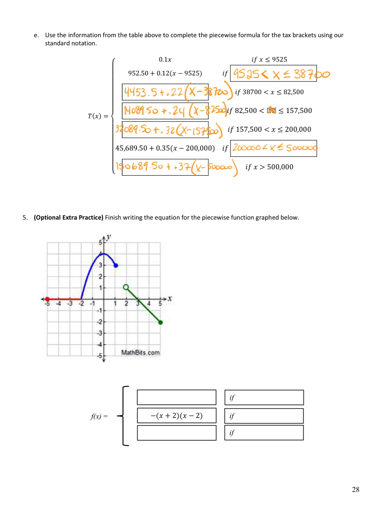Okay, optional extra practice: finish writing the equation for the piecewise function graphed below. The middle portion is quadratic, and when you multiply these together, you would get an x squared. The blue portion of the graph is this middle piece, and that applies from x equals -2 to x equals 1.